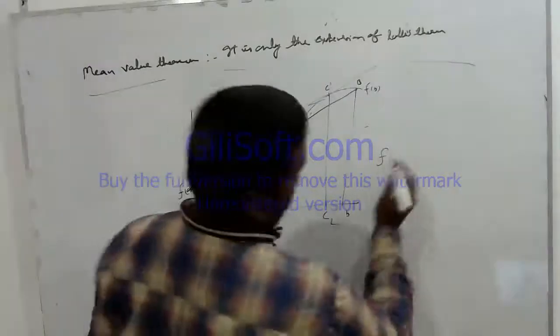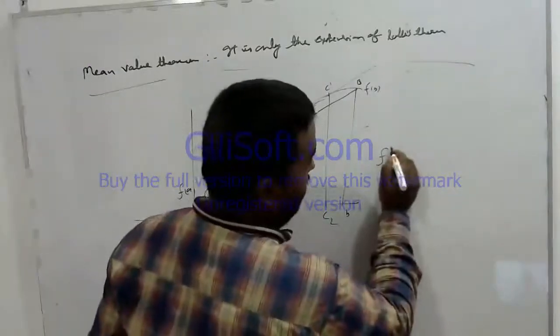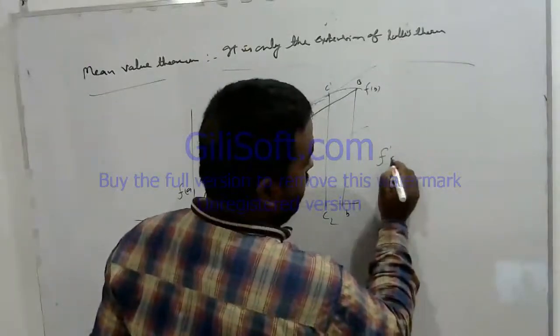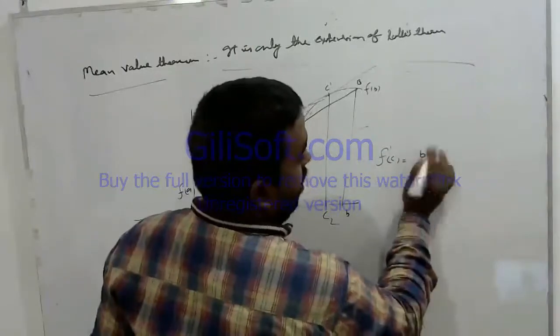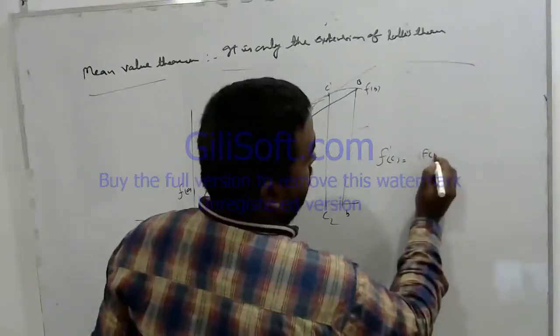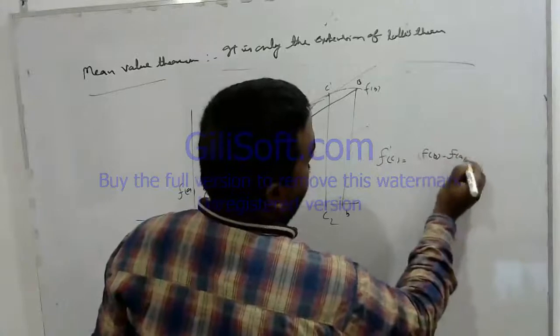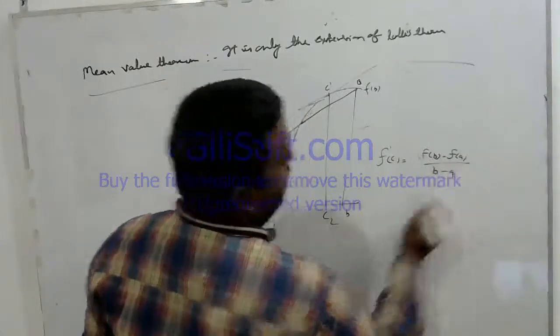There are some points C such that f dash c is equal to f(b) minus f(a) by b minus a.